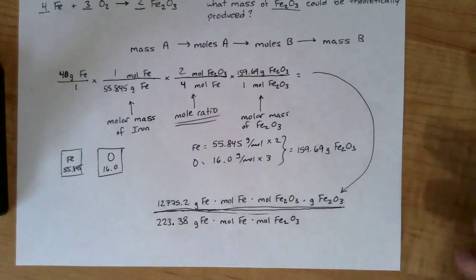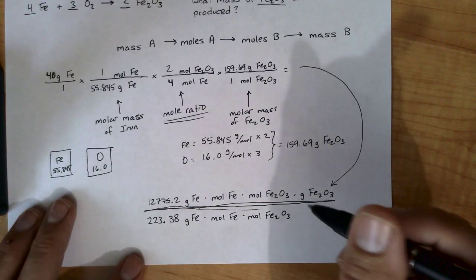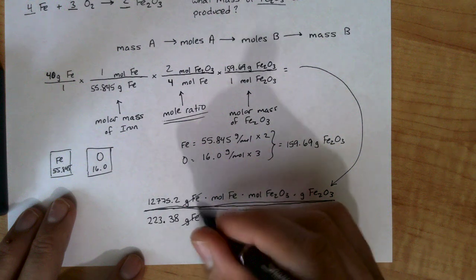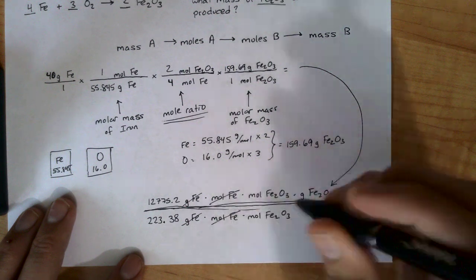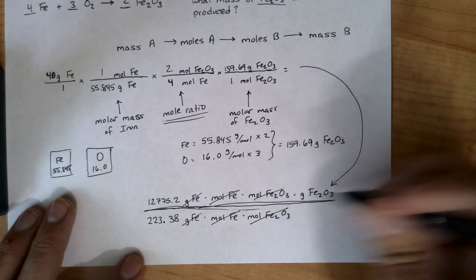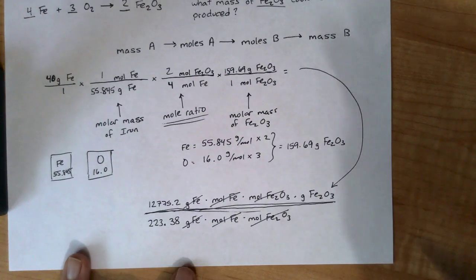Look at this big, glorious fraction. This is a big, big fraction, but we notice that we can simplify this fraction now. If the units are repeated in the numerator and denominator, they can be canceled out. Moles of iron cancels out, and moles of iron 3 oxide cancels out, leaving us with the only unit remaining, grams of iron 3 oxide in the numerator, which is key.